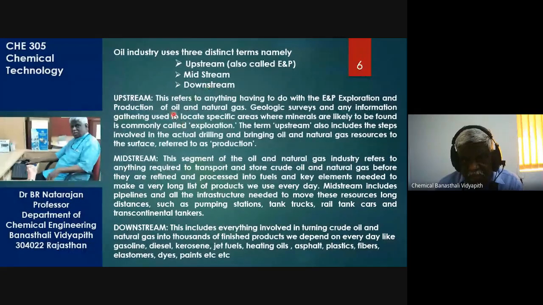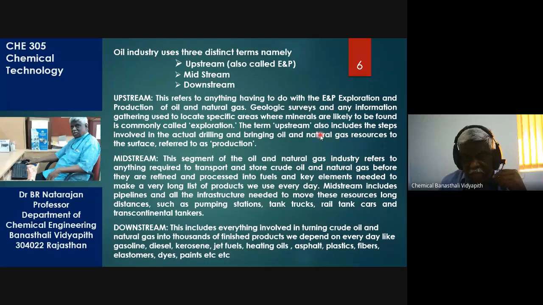Upstream refers to anything having to do with the exploration and production of oil, how the oil is explored and produced at the oil well. Geological surveys and information gathering used to locate specific areas where minerals are likely to be found is called exploration. Right? That is searching for oil.